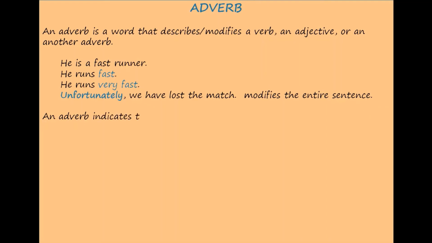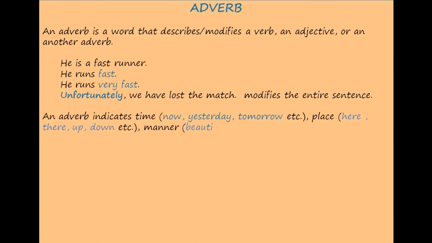An adverb indicates time. So they are adverbs of time, such as now, yesterday, tomorrow. An adverb also indicates place. So they are adverbs of place, such as here, there, up, down. Adverbs of manner, such as beautifully, perfectly, smartly, softly.